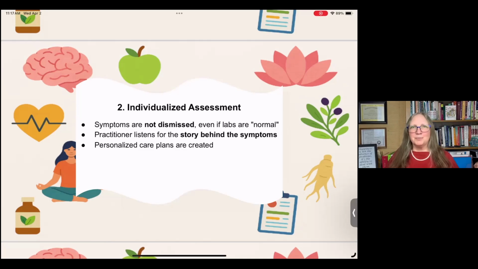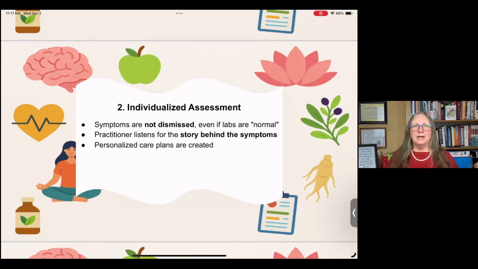So our symptoms aren't dismissed, even if we have labs that say we're normal. A practitioner, or any practitioner doing holistic health, is going to listen for the story behind the symptoms, because that story tells us a whole bunch of additional information that labs can't see.